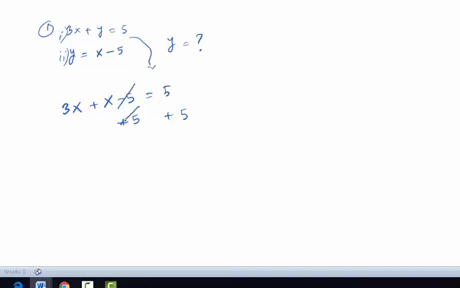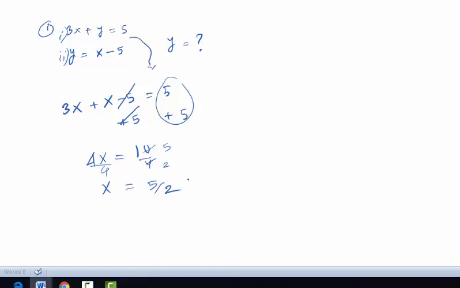That way this side is gone, and 3x plus x equals 4x, and 5 plus 5 equals 10. So divide both sides by 4, and you get x equals 5 over 2.